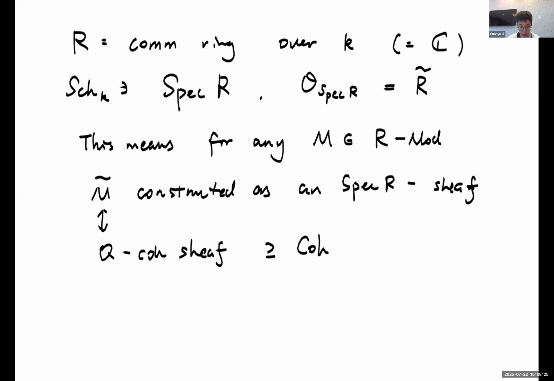You should think, when R is Noetherian, then coherent sheaves is equivalent to saying this module is finitely generated. So locally, we have very good interpretations of what QCO and CO are.